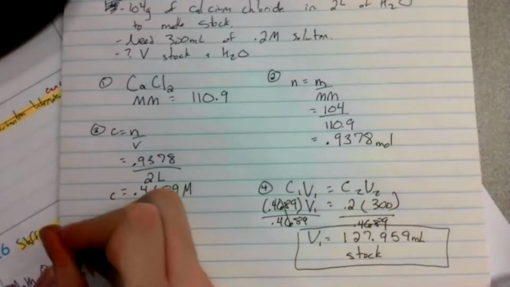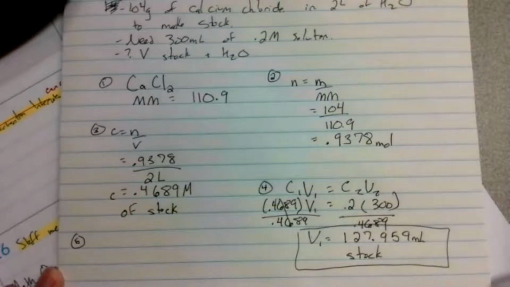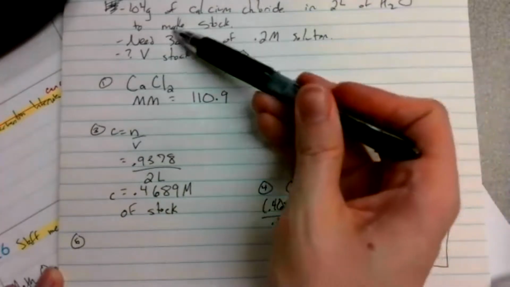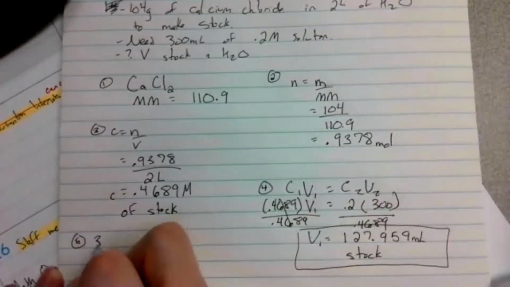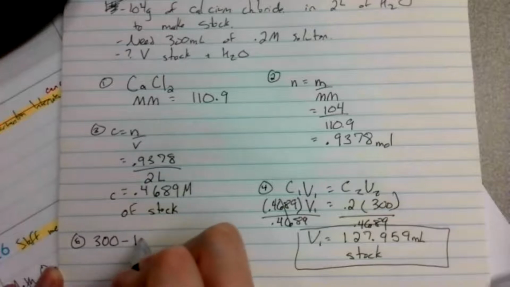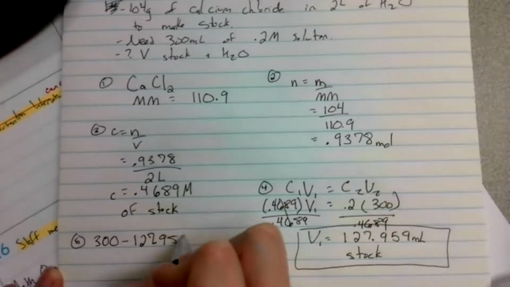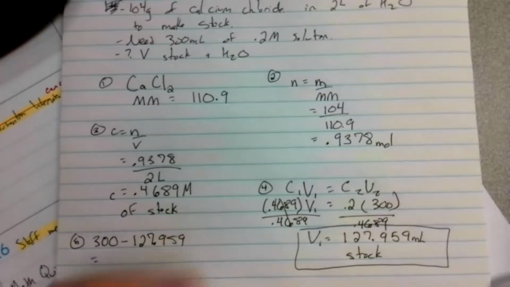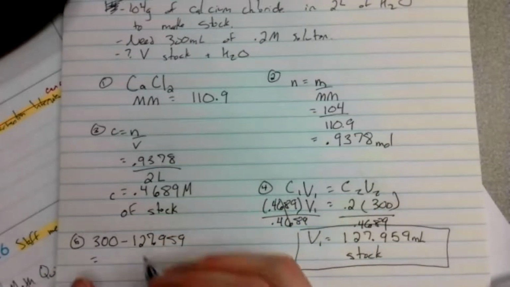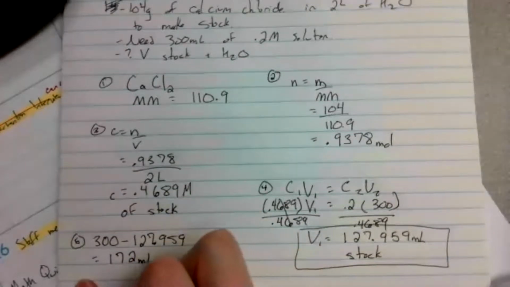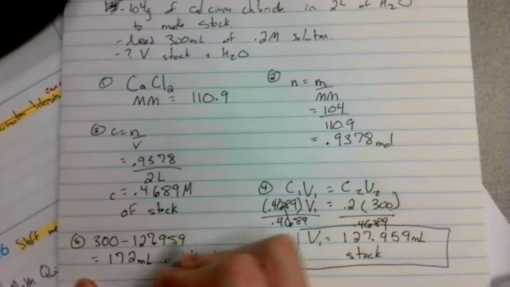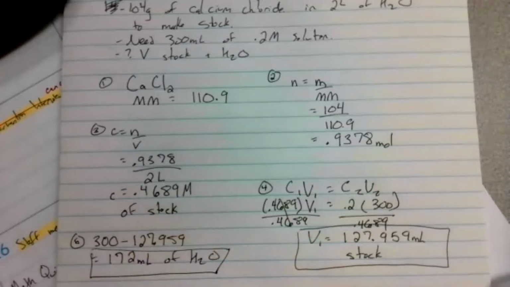Last step, in order to figure out how much water we need, we take the total volume of our desired solution, just 300 milliliters, subtract the amount of that is going to be stock, and that'll give us 172-ish milliliters of water. Okay, and that's all we do.